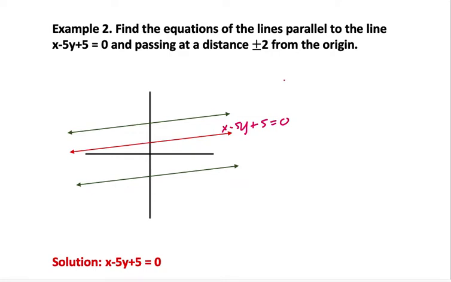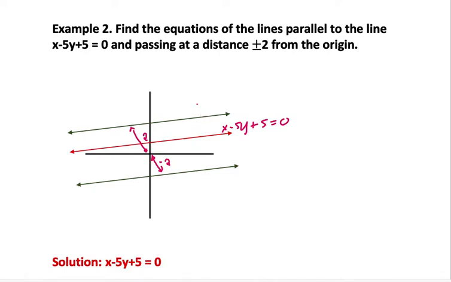According to our problem, the lines parallel to this line are passing at a distance of 2. So the distance is 2 units from the origin. In other words, the distance of this line to the origin is 2. Then, since it is below the origin, since its direction is downward, this will be negative 2. Let us assign an equation for this line first.